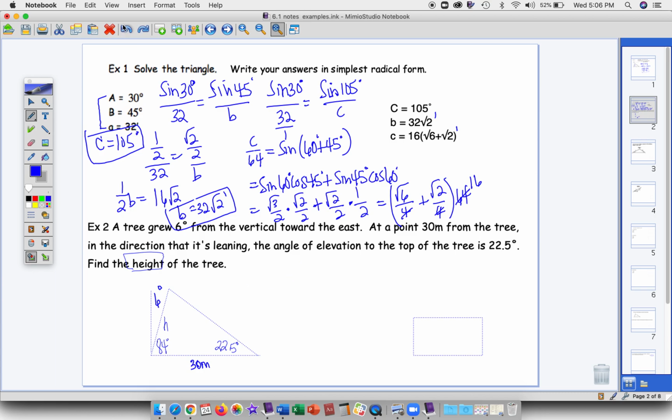I like keeping what I'm solving for in the numerator. So let's try it that way. So remember, from your rules or properties of proportions, you can flip, right? You can flip this around. I could do 32 over sine 30 equals b over sine 45, and that's still a valid proportion. Oh, I didn't put my angle there.